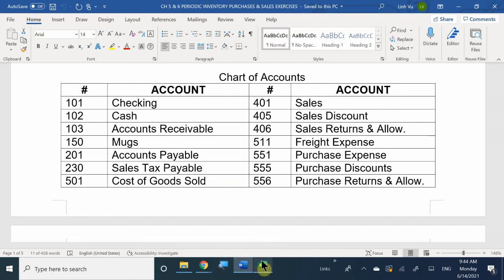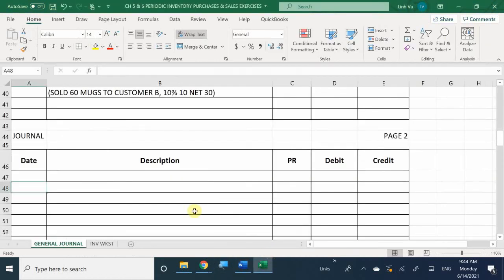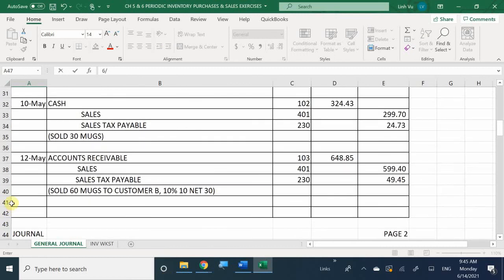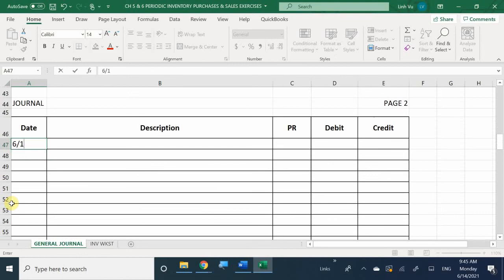Are you going to debit sales returns and allowances and then credit accounts receivable? Correct, because they paid us on account, so they owe us money. Because they didn't pay us anything, our assumption is that we are going to just take it off of the amount that they owe us.